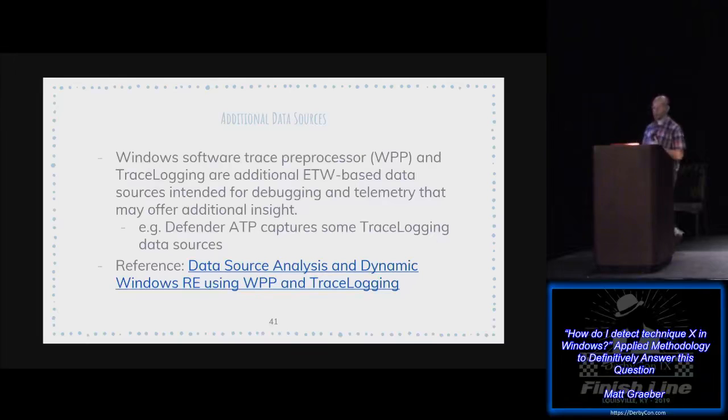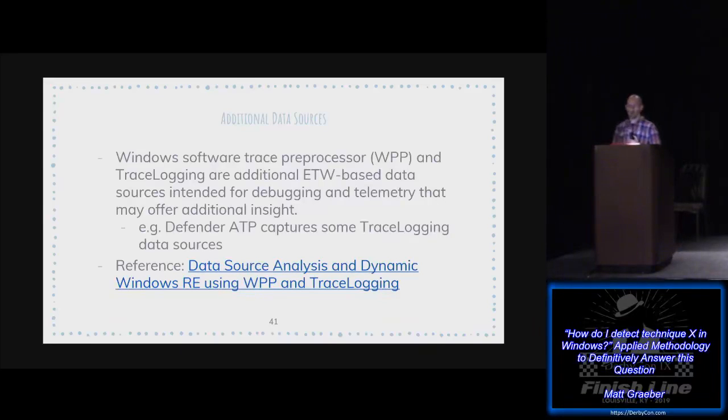But I would have only figured this out if, like, having gone through the steps that I'm highlighting here, right? So there are some additional data sources as well if we want to keep going into the weeds. If we find that manifest-based ETW is not giving us the answers that we're looking for, we can achieve those by digging into WPP and trace logging.